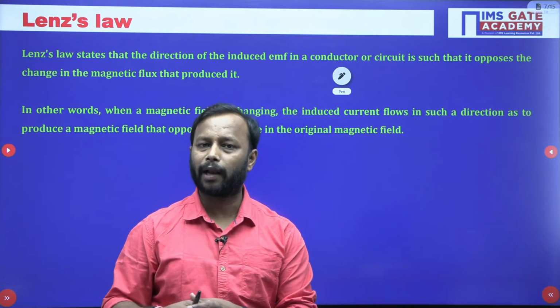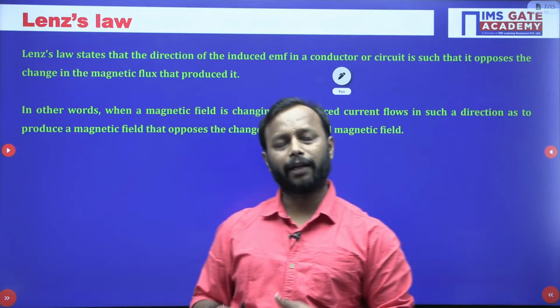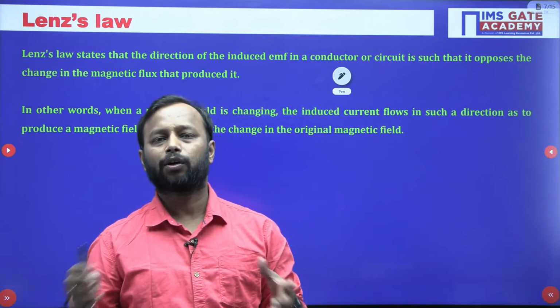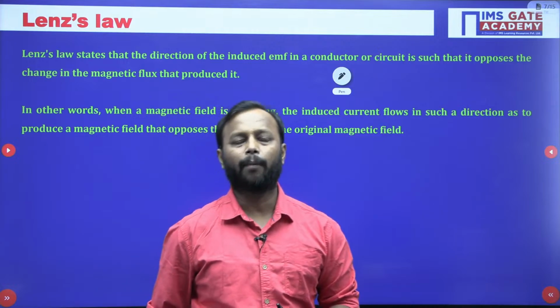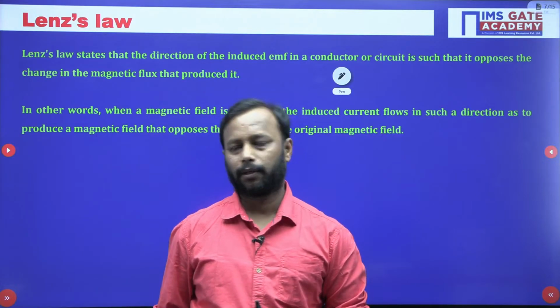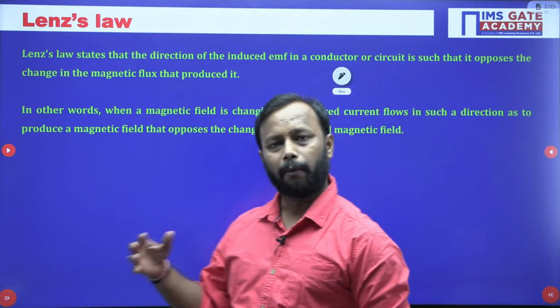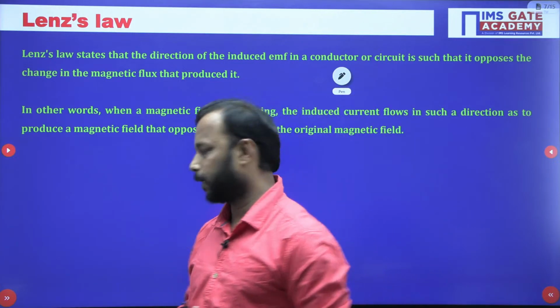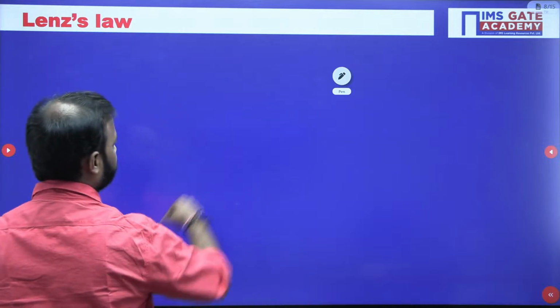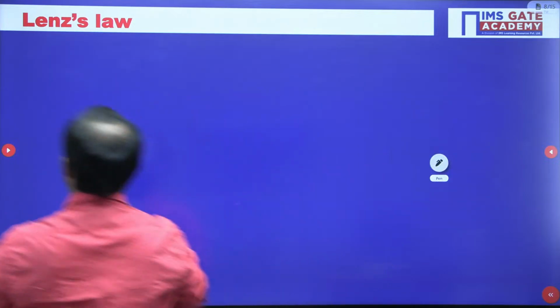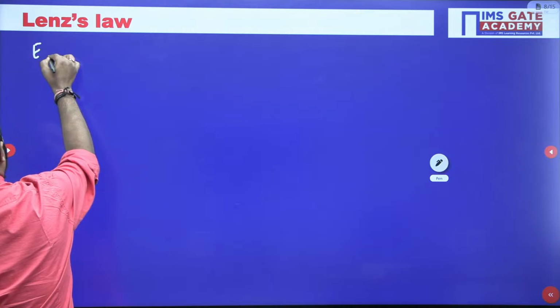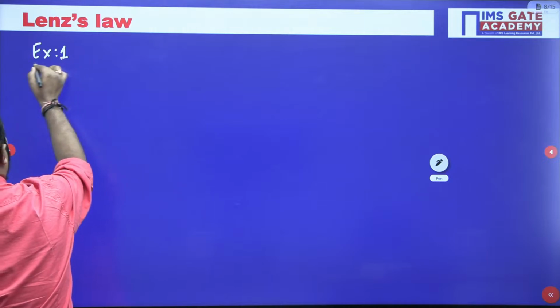By using Lenz's law, which tells that effect opposes the cause. Effect opposes the cause. So let us understand Lenz's law and Faraday's law together with the help of one example. Okay, let me take example 1.